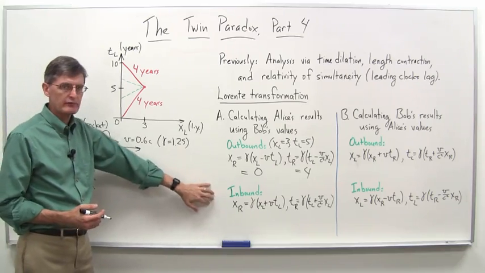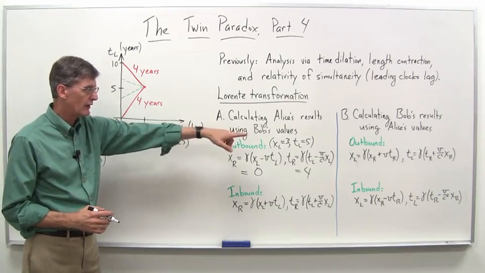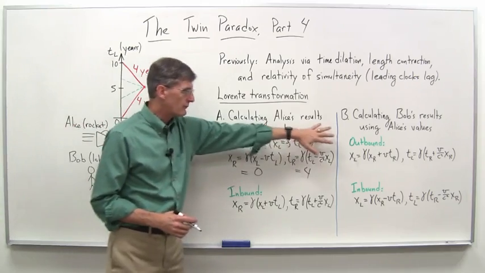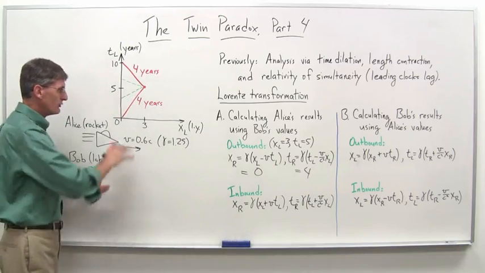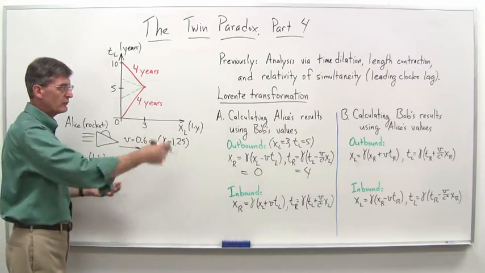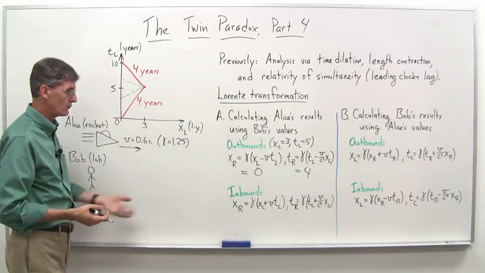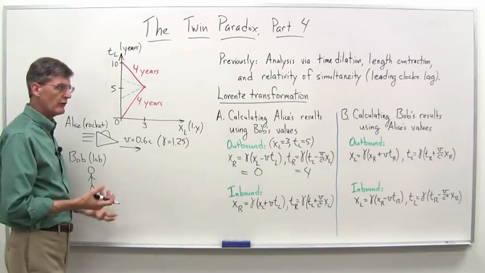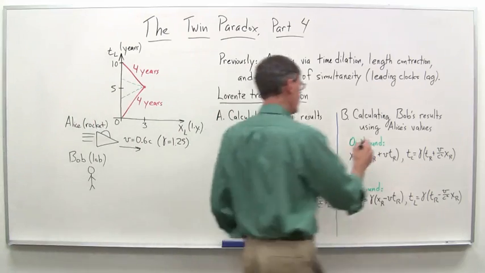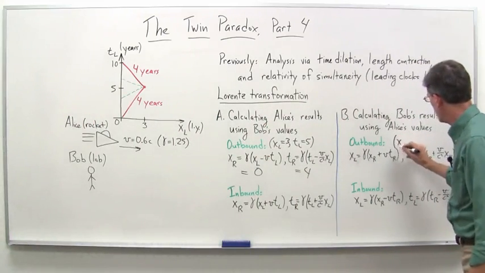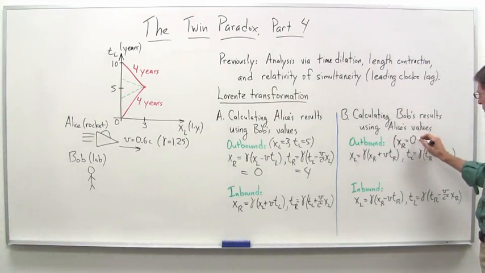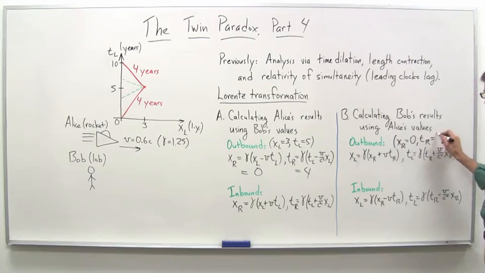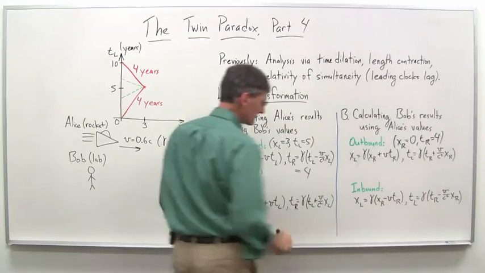Now we'll get to the inbound trip in a minute. That's a little trickier. Let's do the outbound trip for Bob's results using Alice's values. We could either do Alice's analysis as we did with the length contraction and time dilation, or even just use these results here. We know that Alice at the turnaround point, at the planet or star, has xR equals 0, tR equals 4.